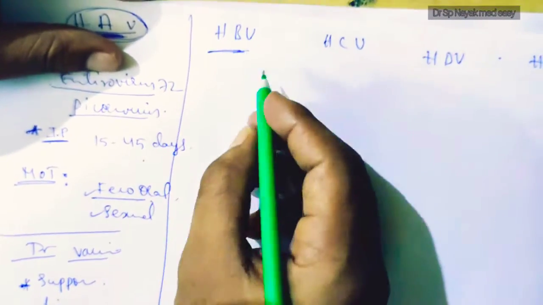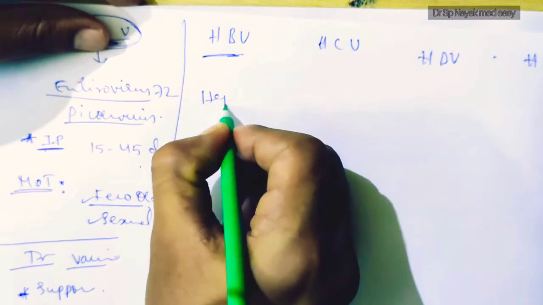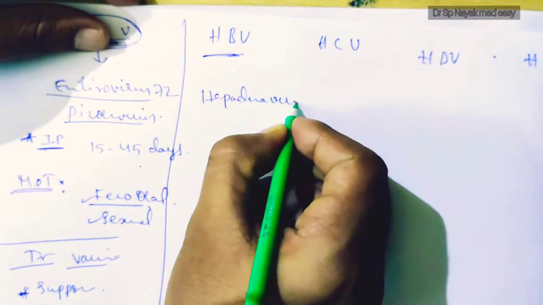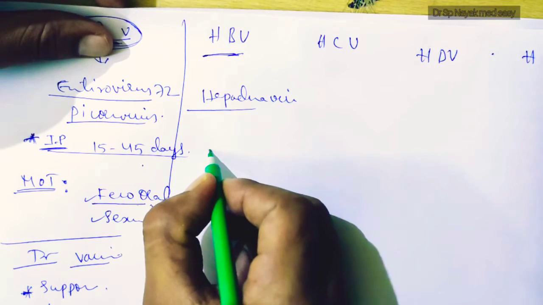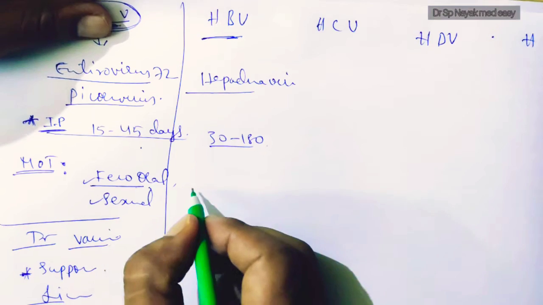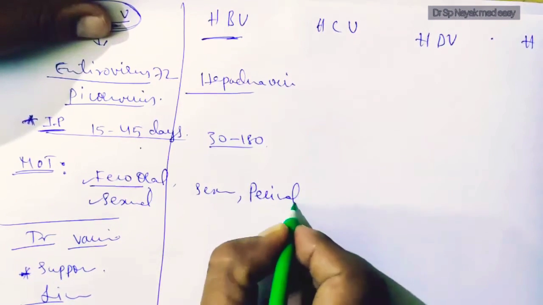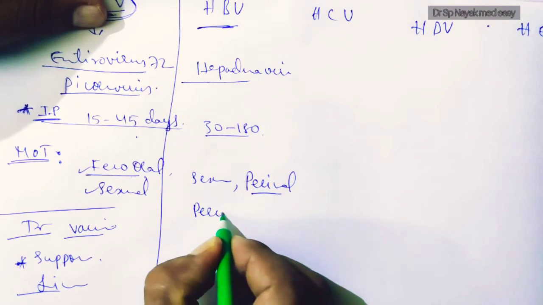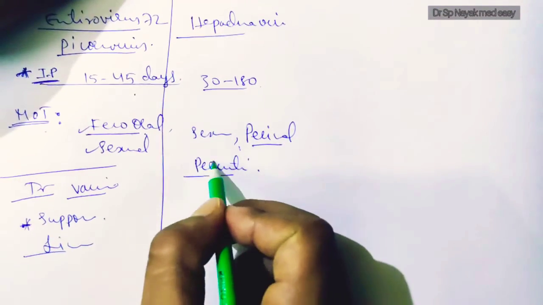And hepatitis B, listen guys, hepatitis B virus is mainly a hepadnavirus. The incubation period of hepatitis B virus is 30 to 180 days, and the mode of transmission is usually sexual, perinatal, and percutaneous.